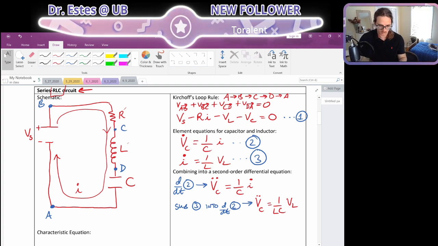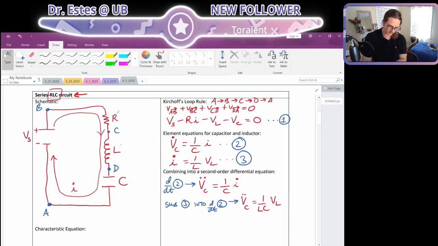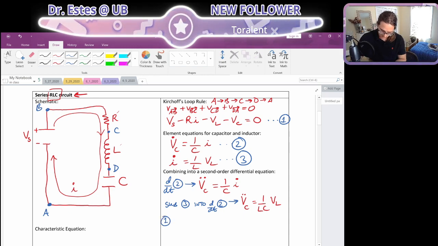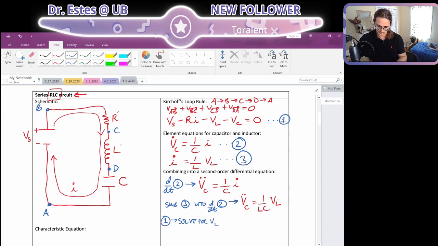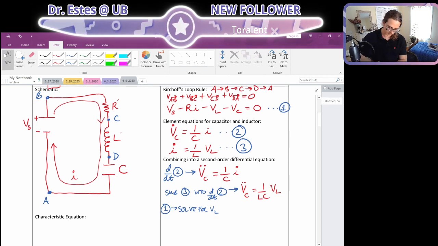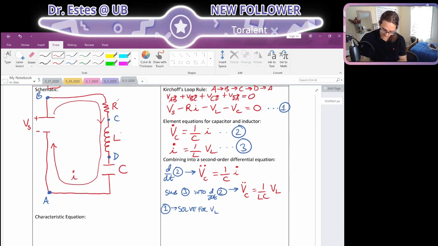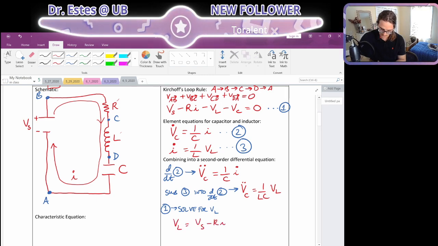All right. And next what I'm going to do, I'm going to take equation 1 and I'm going to solve for VL so that I can substitute VL in there. So that's easy to do. I can just bring VL over to the right. And so it's VS minus RI minus VC.